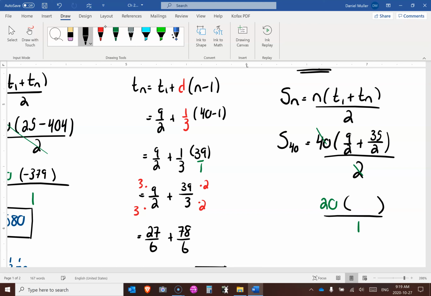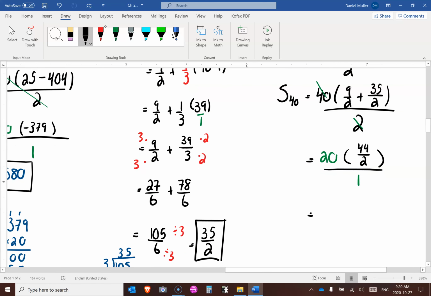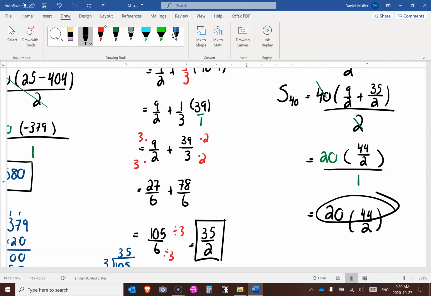And then on the inside here, 35 plus 9 is 44 over 2. So I've got 20 times 44 over 2. So what you could do here is you could multiply the numerators together, and there is no denominator because the 20 has a 1 there, and multiply the denominators together, which you might have to do sometimes.